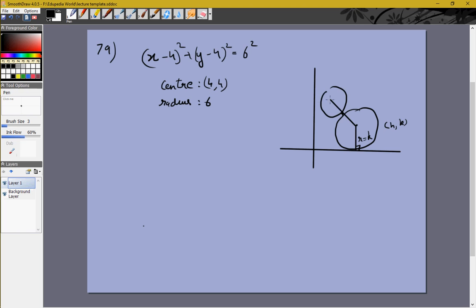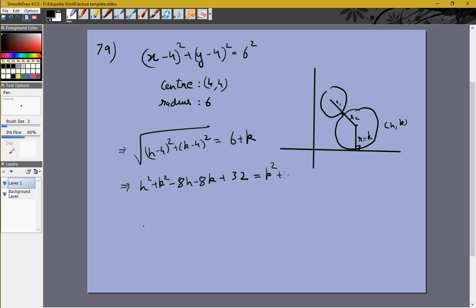The distance between their centers is equal to r1 plus r2, which means the root of (h minus 4) whole squared plus (k minus 4) whole squared is equal to 6 plus k, which gives me h squared plus k squared minus 8h minus 8k plus 32 is equal to (6 plus k) whole squared, k squared plus 12k plus 36.